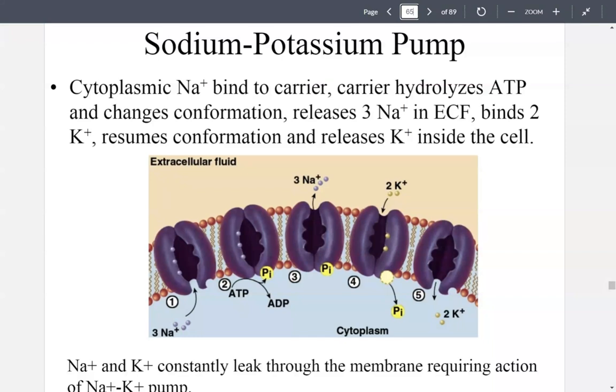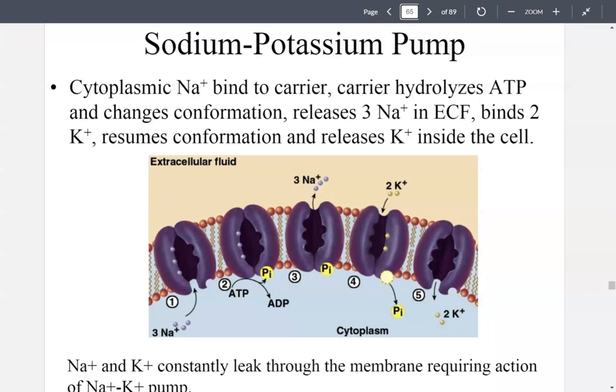That binding and releasing of energy is going to change the shape of the protein, allowing the 3 sodiums to exit the protein on the outside of the cell, and the protein is going to stay there. It will not change its shape back so that it can pick up 3 more sodiums until 2 potassiums bind to the carrier protein from the outside of the cell, at which point the phosphate group will release, changing the shape of the protein back to its original one, allowing for the 2 potassiums to move into the cell.